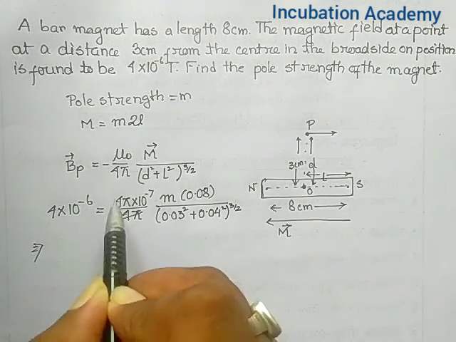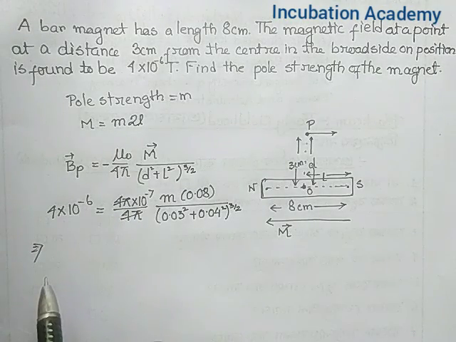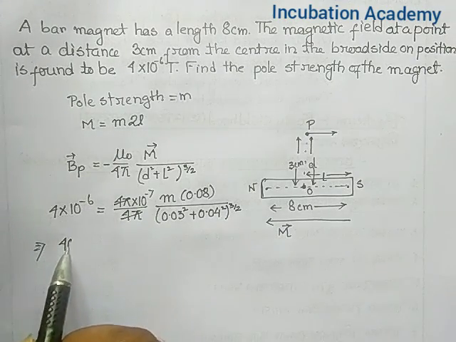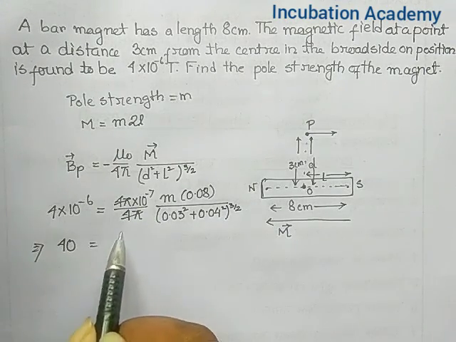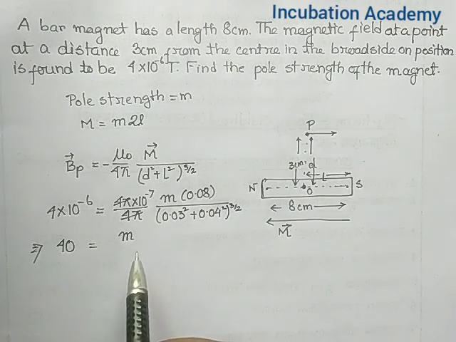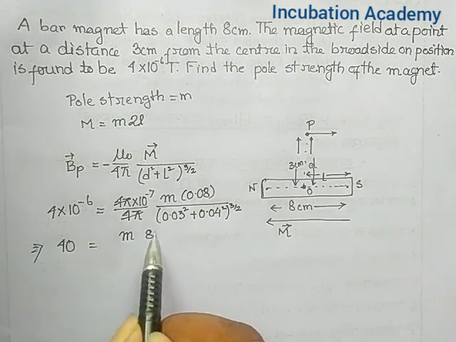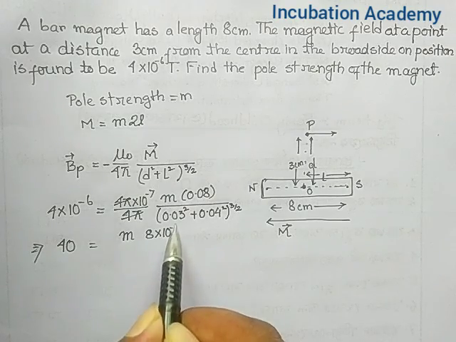So 4 pi and 4 pi cancel out. If it goes this side, then it will be simply 40. Here it is m. 0.08 can be written as 8 into 10 to the power minus 2.